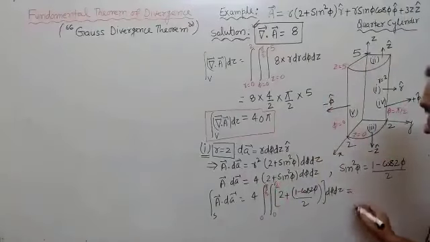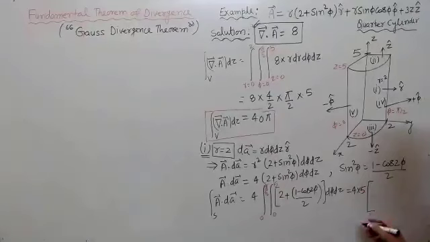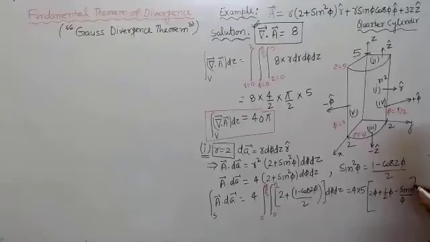So what will be this value? 4, z will give you 5, and then this integral will be 2 phi plus 1/2 phi, and minus cos 2 phi gives minus sine 2 phi by 4, and the limit is 0 to pi by 2. Calculate this value.